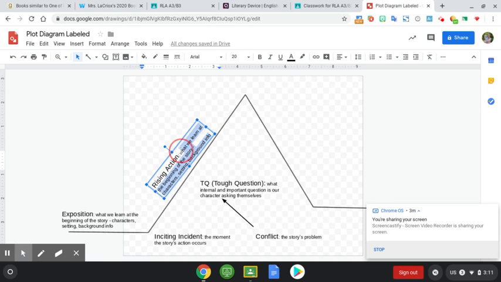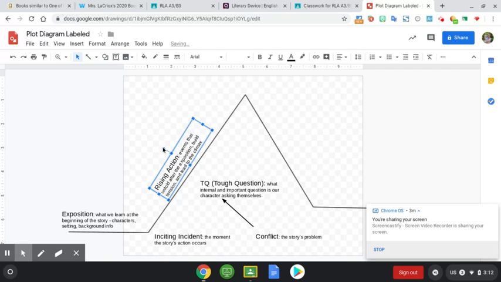All right, and we know that these are the events that unfold after the exposition, build tension, and lead to the climax. So we are looking at all the things that happen before we see that big change, big turning point within our story.